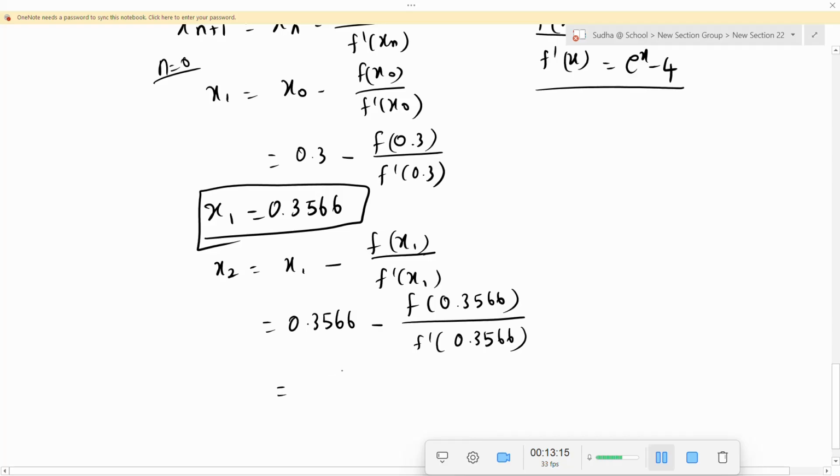As usual, in the f of x function, instead of x you substitute 0.3566, and in the f dash of x function, you substitute 0.3566 instead of x. Then simplify using a calculator, then we'll get the answer x2 equal to 0.3574.